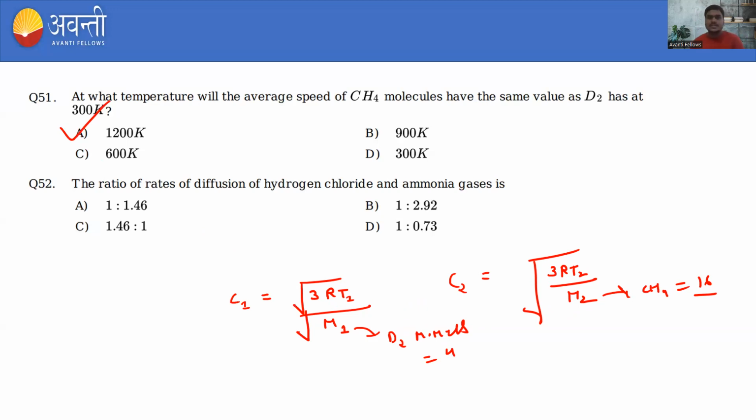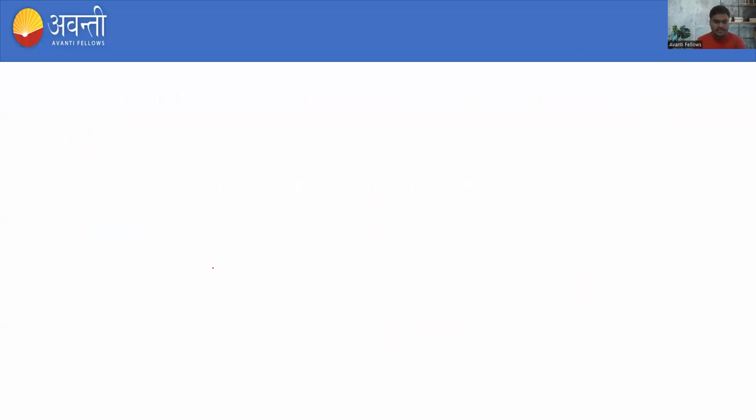Now, the next question: the ratio of the rates of diffusion of hydrogen chloride and ammonia gas is. You have to calculate this ratio, so this question is from diffusion.